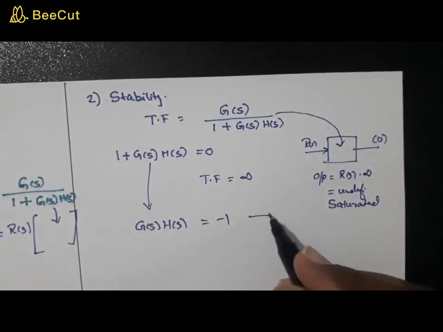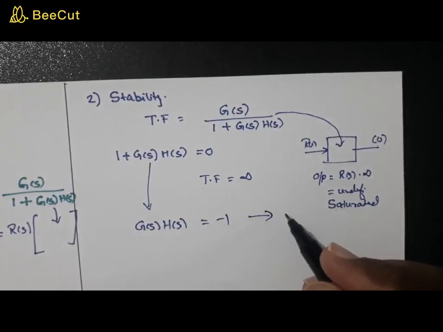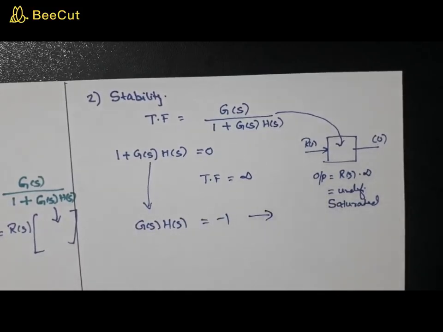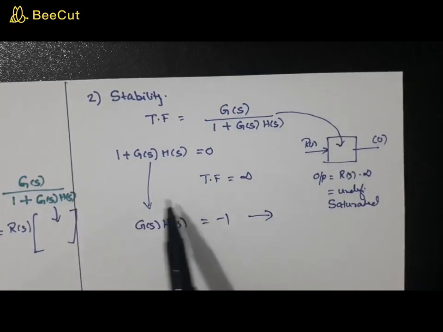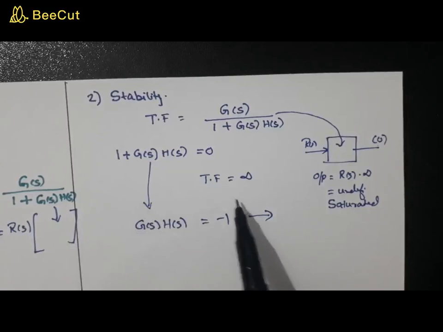Okay, so this is the condition for instability. You can recollect from when you studied oscillation, there is a Barkhausen criterion where you might have come across a term similar to this. So that is an advantage in the case of an oscillator.